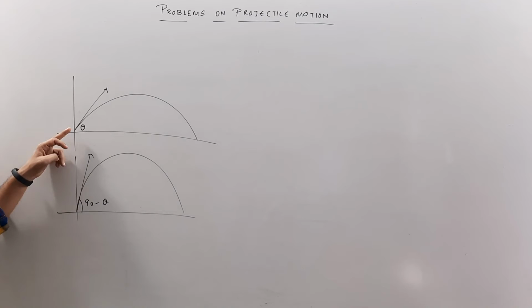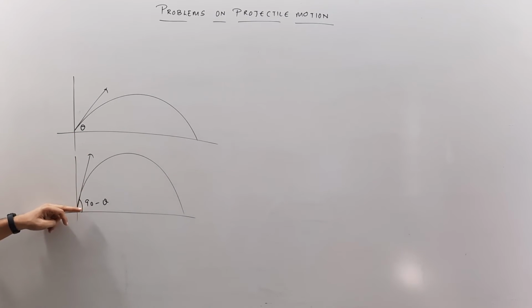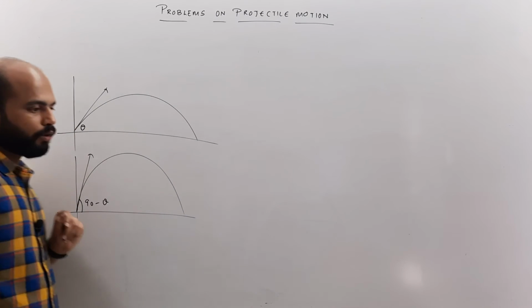If you add up both of these, theta and 90 minus theta, the addition gives us 90. So they are complementary angles. If this is 20, then this is 70. If this is 60, then this is 30. If this is 45, this is 45, and so on. So both are complementary angles.